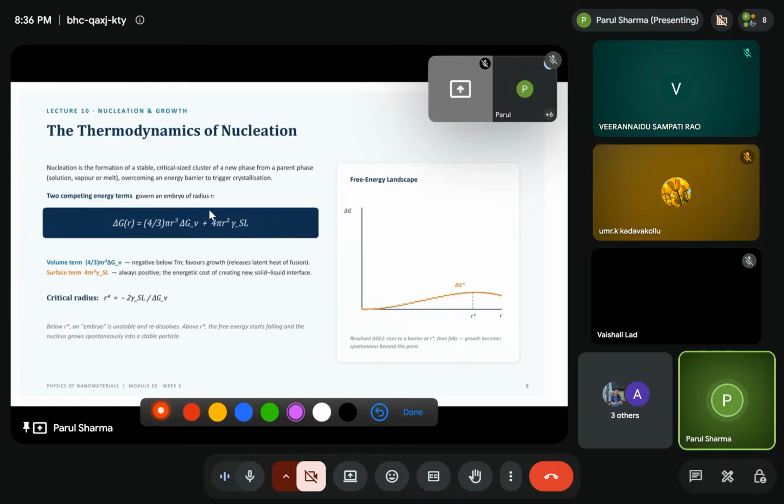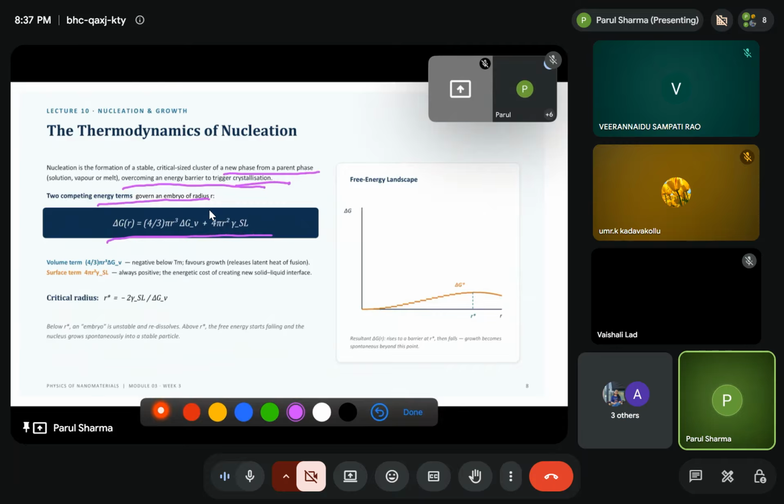It is the formation of a stable, critical size cluster of a new phase from a parent phase, overcoming an energy barrier, which is in terms of free energy, to trigger crystallization. So there are two competing energy terms that govern the radius r. So this is the formula and this is the plot.